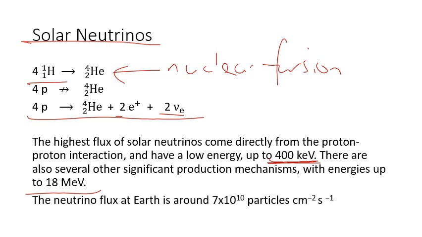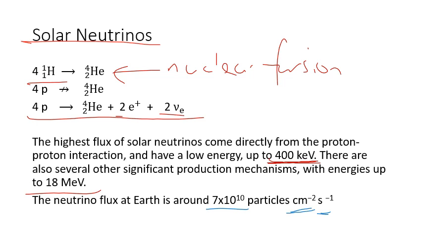Now, this bit is just jaw-dropping. If you can look at that and not have your jaw hit the floor, then you haven't understood. The neutrino flux at the Earth is about 70 billion, that's what that says, 70 billion particles passing through every square centimetre every second. And that's at the Earth.